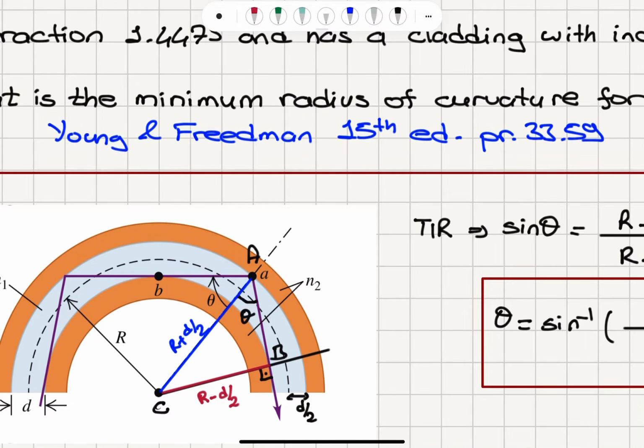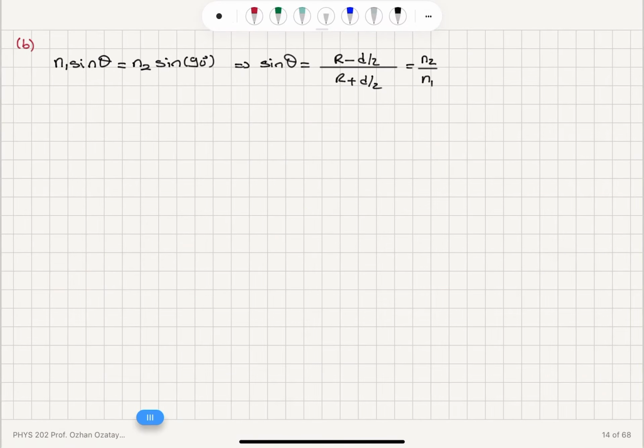This gives us 2R minus d divided by 2R plus d equals n2 divided by n1, and theta is now the critical angle.